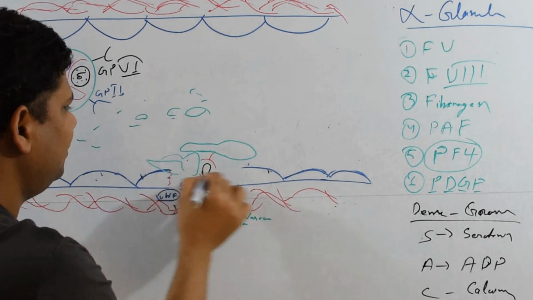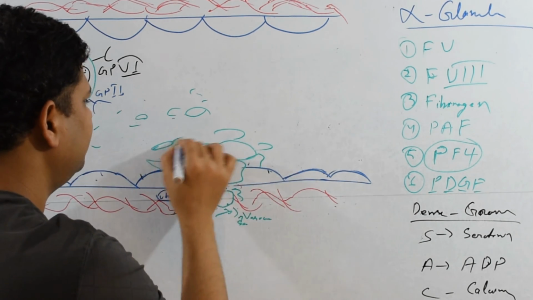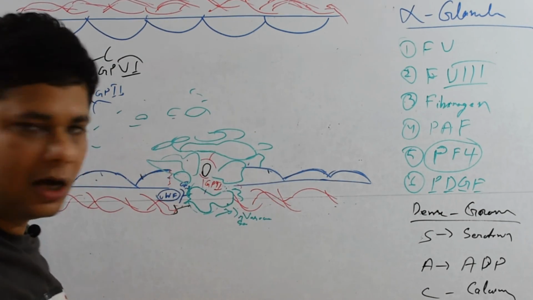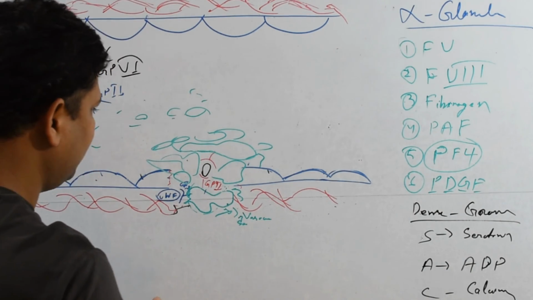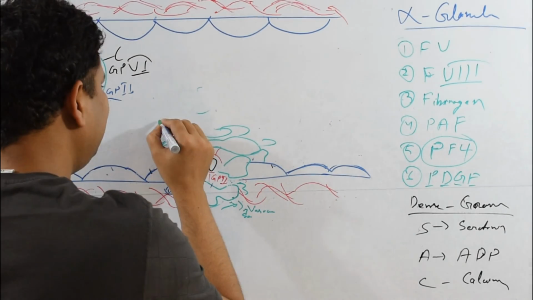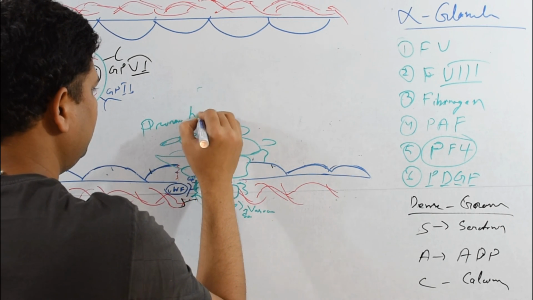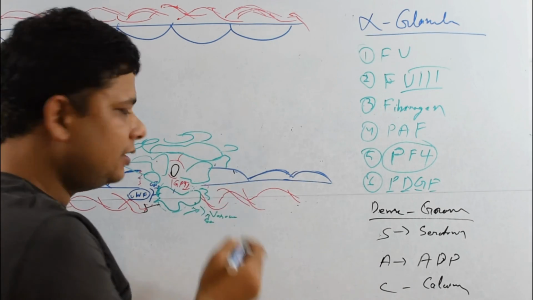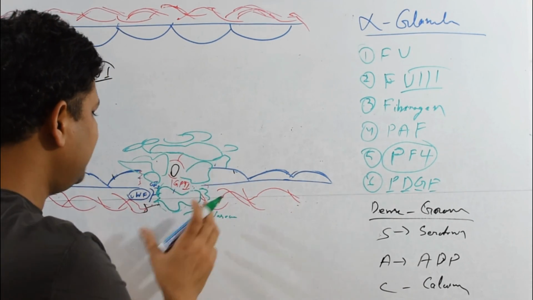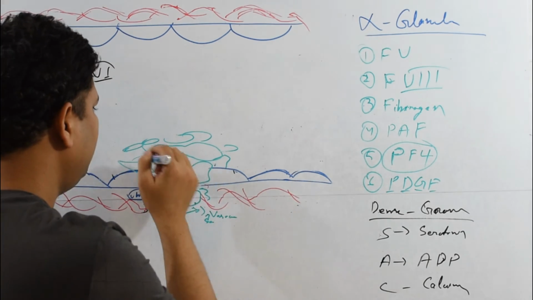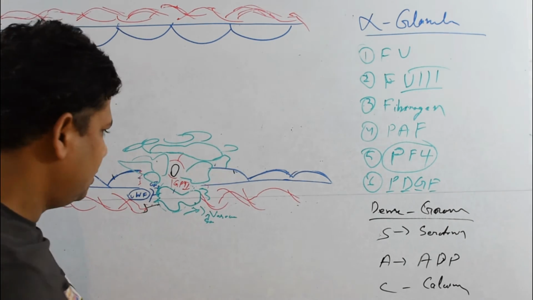Like this, there will be several platelets clogged here. So this clot is called the primary hemostatic plug, and this process is called primary hemostasis. This primary clot is very loose. And what do we need here? We need fibrin filaments. When the fibrins are present, this will become a secondary clot.